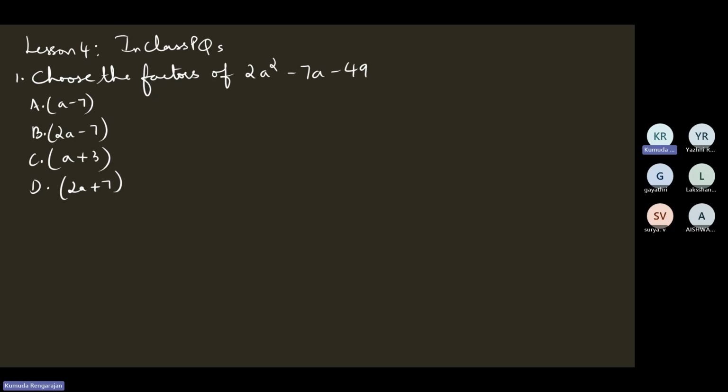So from the options given, you'll have to choose the factors of the expression, the trinomial 2a square minus 7a minus 49. Choose the factors. So you can choose more than one. So to choose the factors, we need to first factorize the expression.